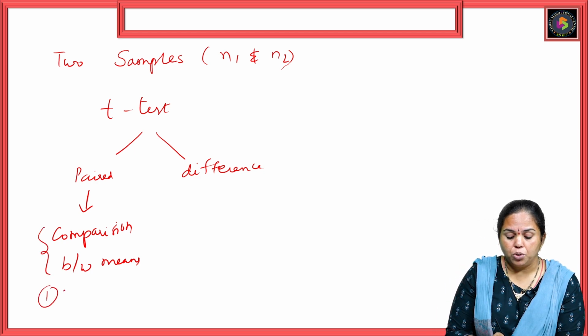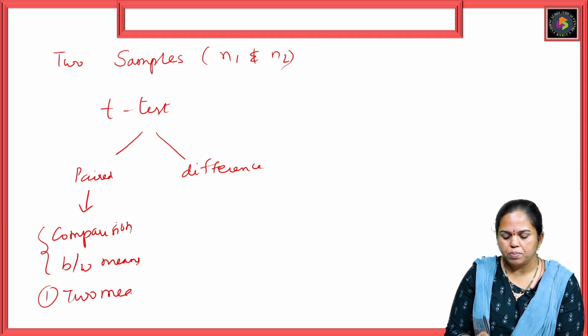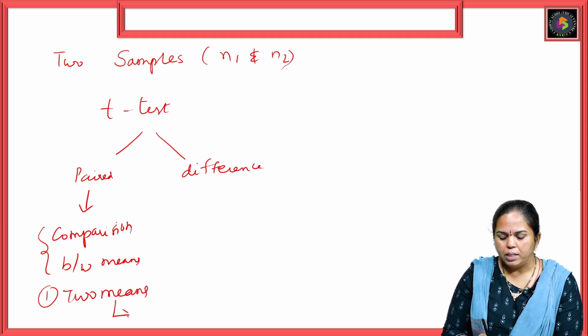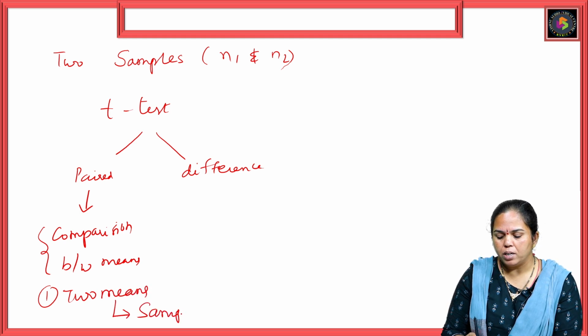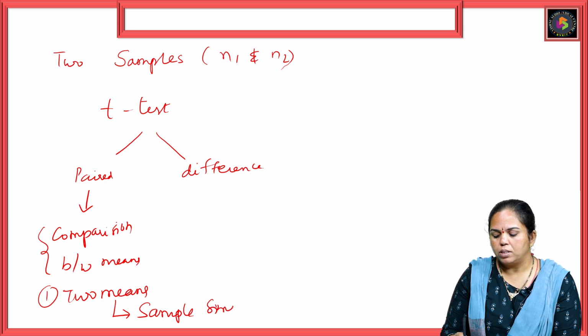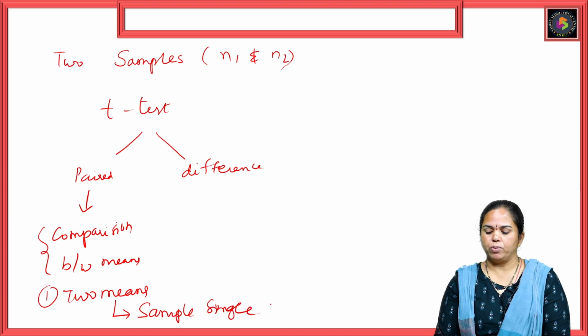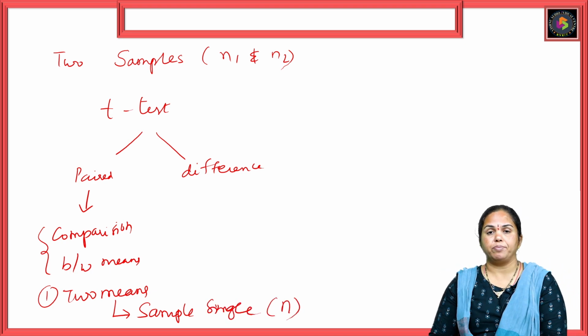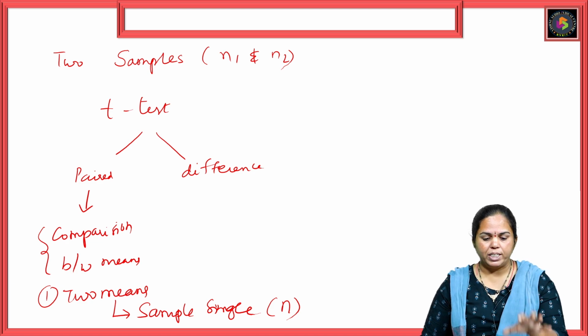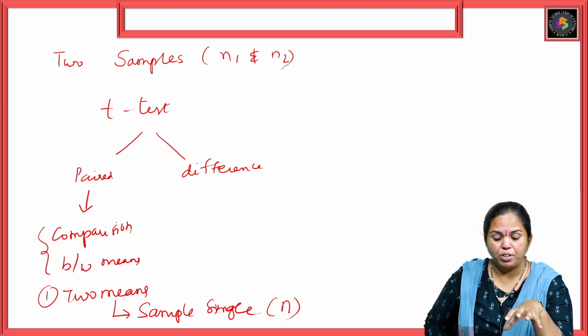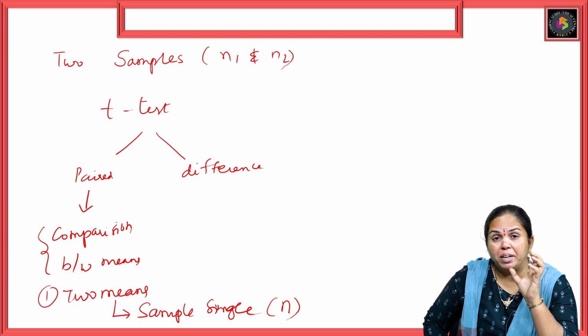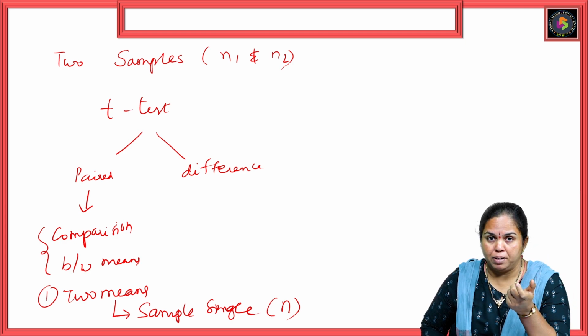In this case you have two means, but the sample is a single sample, only n. Once again, when you have to apply the paired test, you are comparing the means of a single sample.